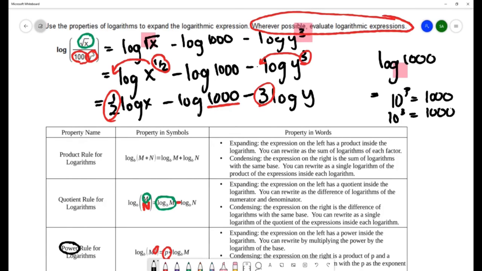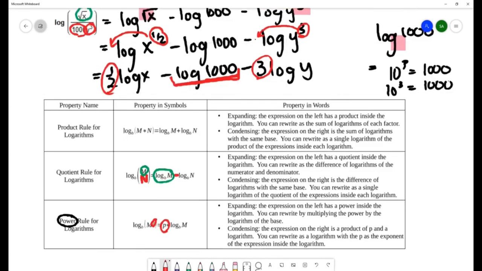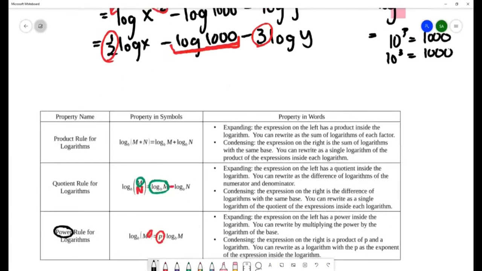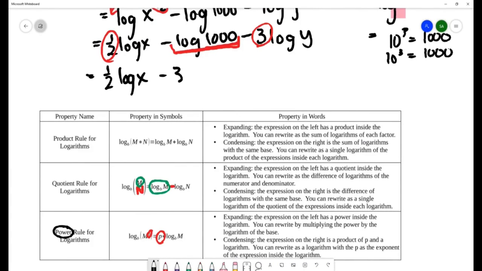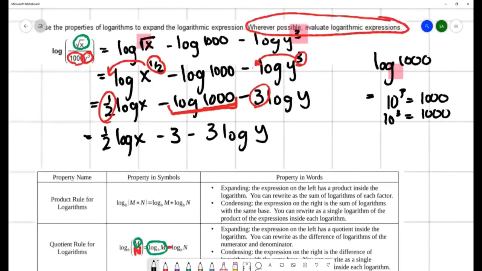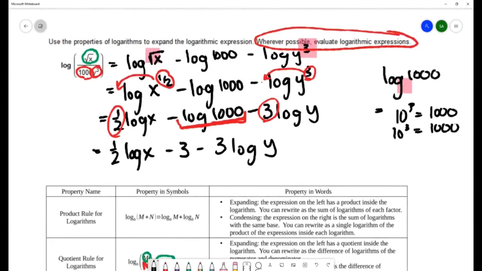So I know that this log expression, to evaluate it, I need to turn it into 3. So that will make this expression 1/2 log x minus 3 log of y. So that is the final answer for expanding this logarithmic expression.